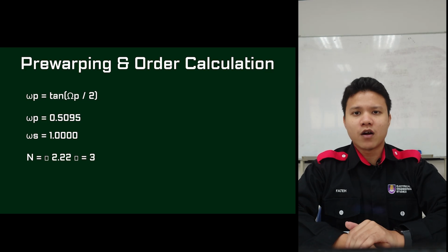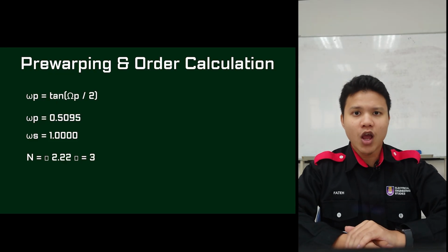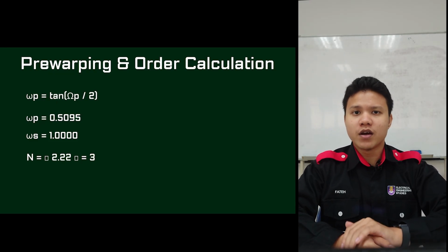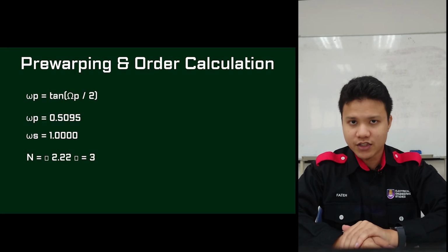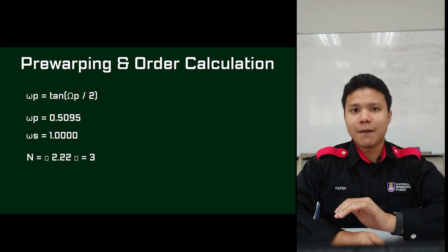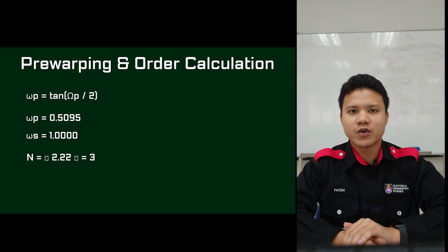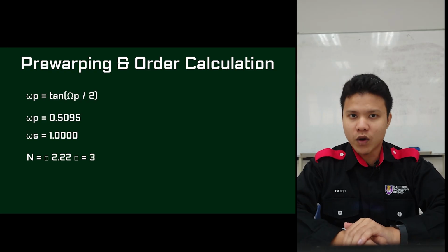Because we are mapping our filter from the analog domain to the digital domain via the bilinear transform, we must pre-warp our digital edge frequencies using the tangent convention. This yields an analog prototype passband frequency omega p of 0.5095 and a stopband frequency omega s of exactly 1.